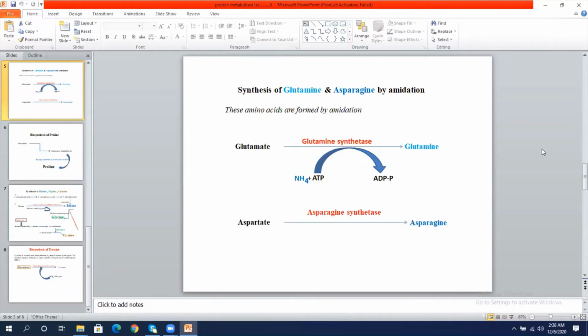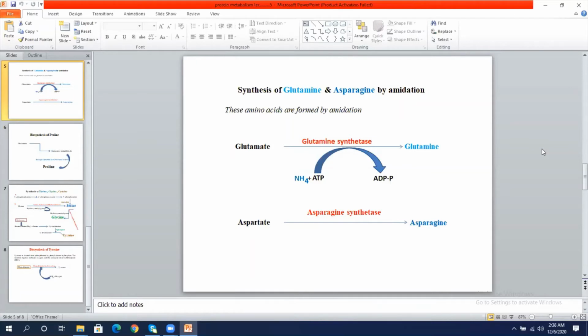ATP is converted into ADP, adenosine diphosphate, and aspartate, in the presence of asparagine synthetase, is converted into asparagine by receiving an amine group.